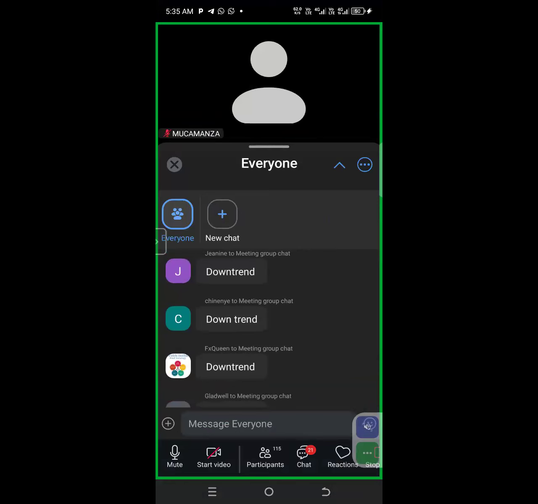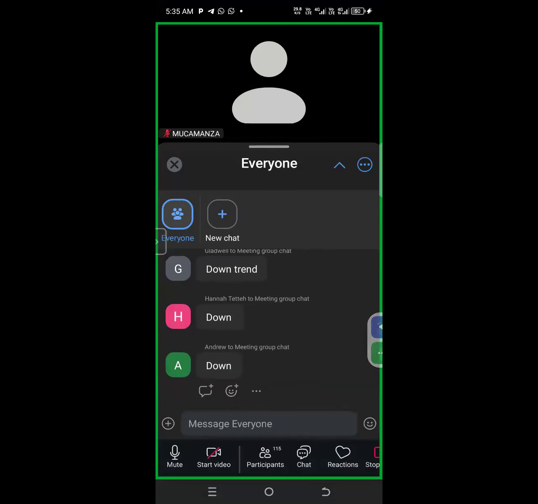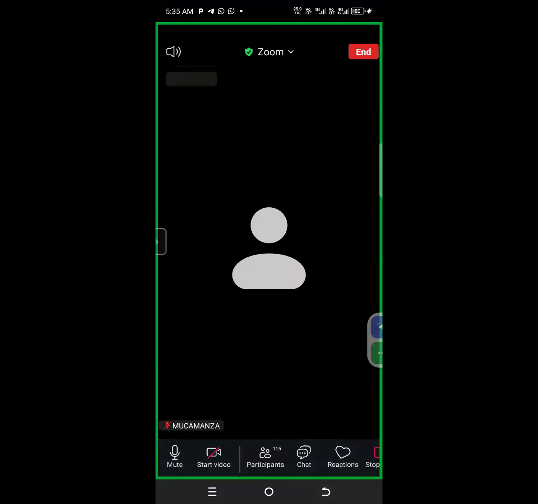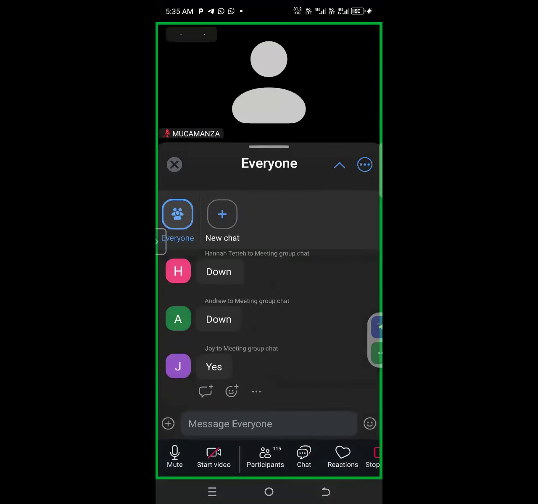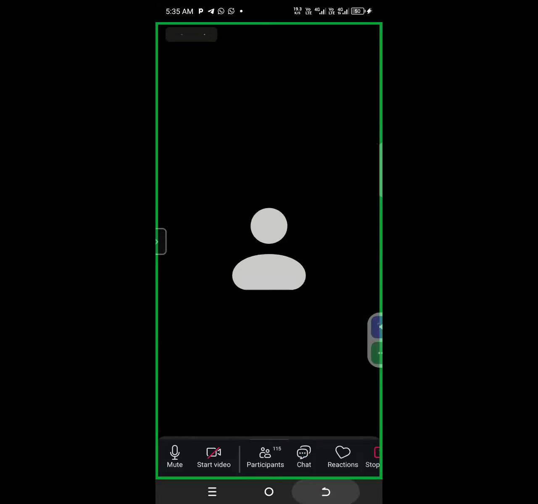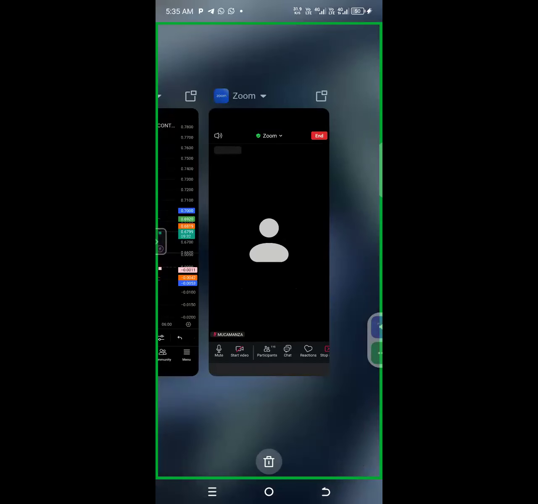Now let me know, is it good to enter or not? Can you make entry? Very good.